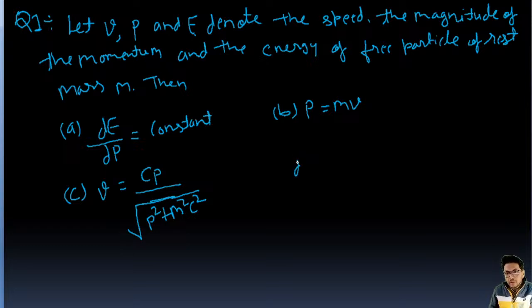And D, E equal to mc square. So the question is, let V, P and E denote the speed, magnitude of momentum and the energy of a free particle of rest mass m, then which option is correct? A, B, C or D, which one is correct? That we need to find. So we'll solve this question now.